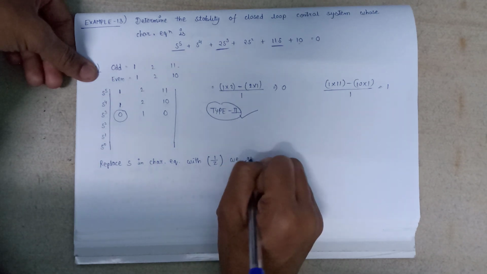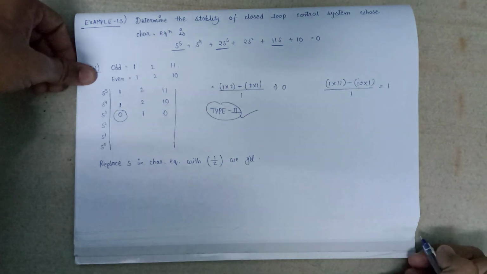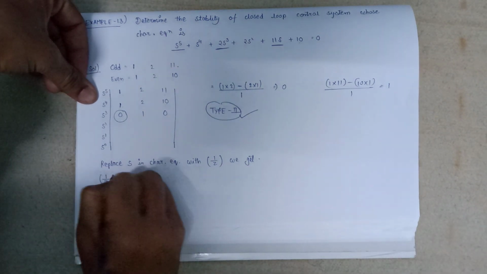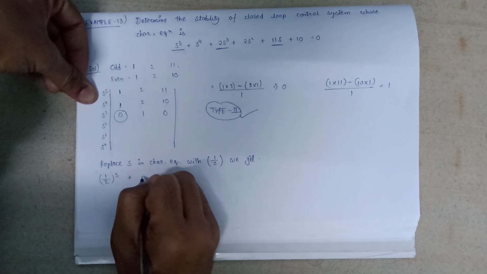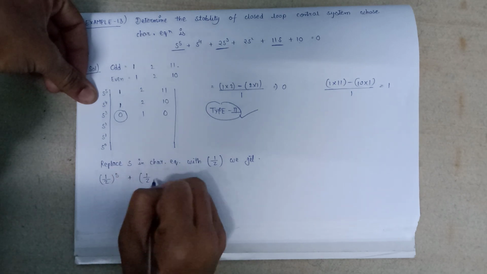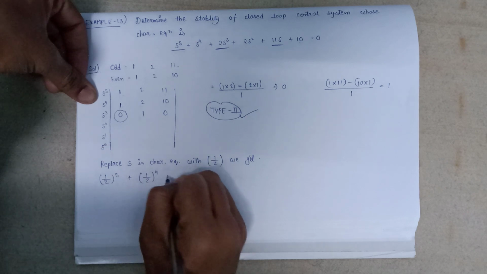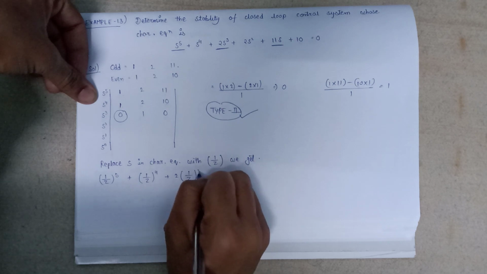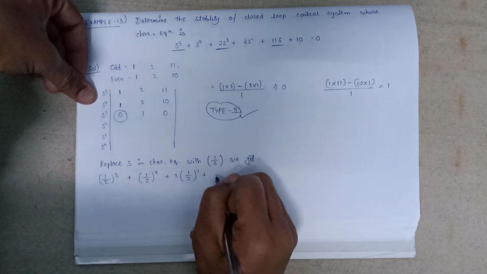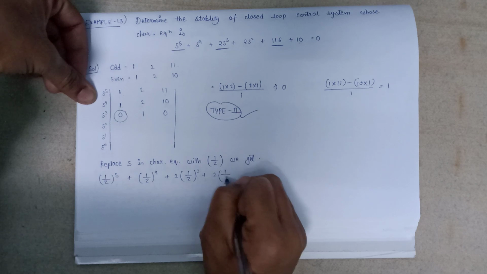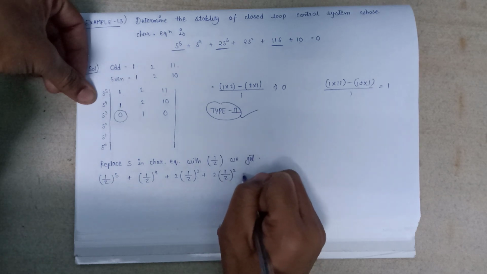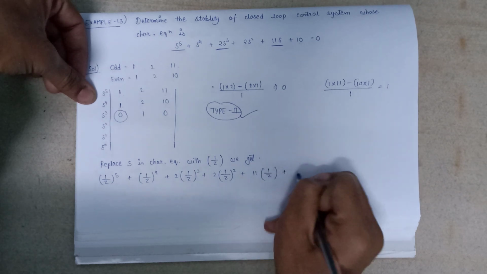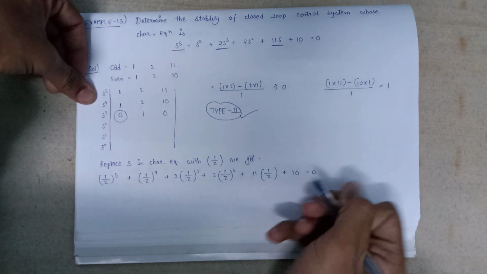We get 1 over z to the power 5 plus 1 over z to the power 4 plus 2 times 1 over z to the power 3 plus 2 times 1 over z to the power 2 plus 11 times 1 over z plus 10 is equal to 0.